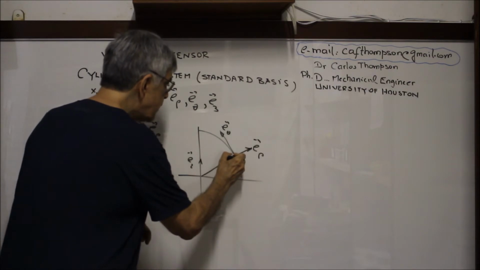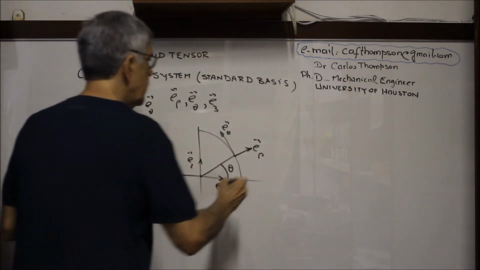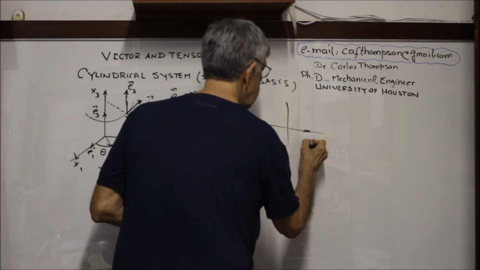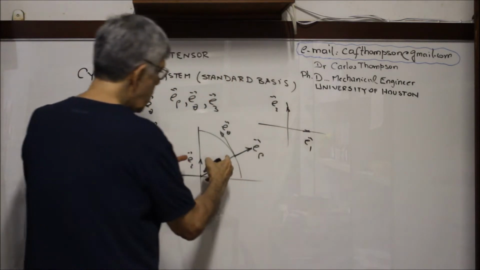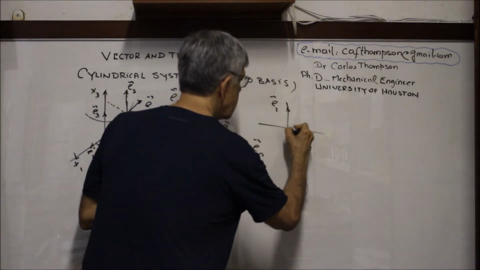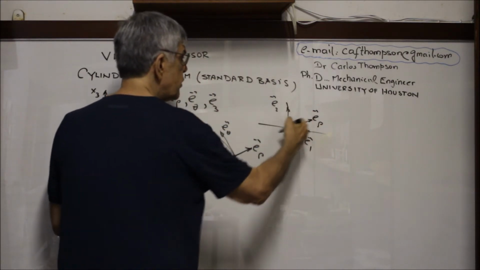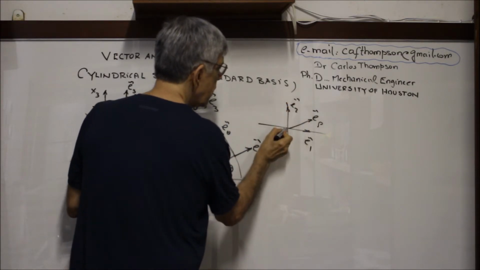Now, let's use a common origin here. I'll plug here, this will be E1, and this is E2. Now, this is E rho, and perpendicular to E rho, let's put E theta over here.